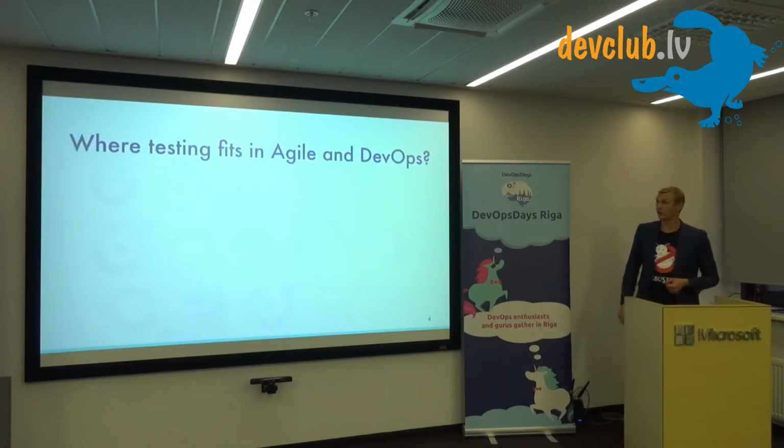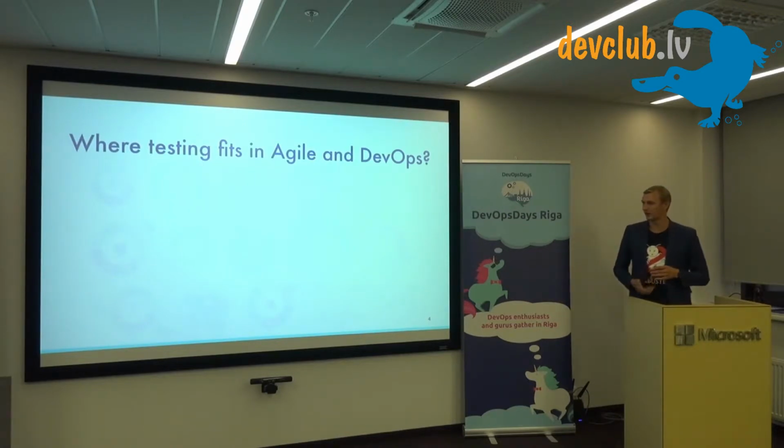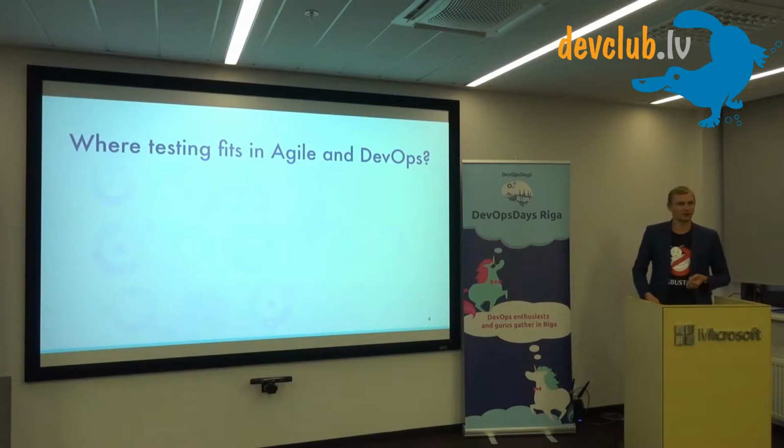So at first I want to show where exactly the testing fits in our Agile lifecycle, and I want to see what the opinions are. I basically Googled for Agile lifecycles in software development, and I noticed that there are two most popular models.